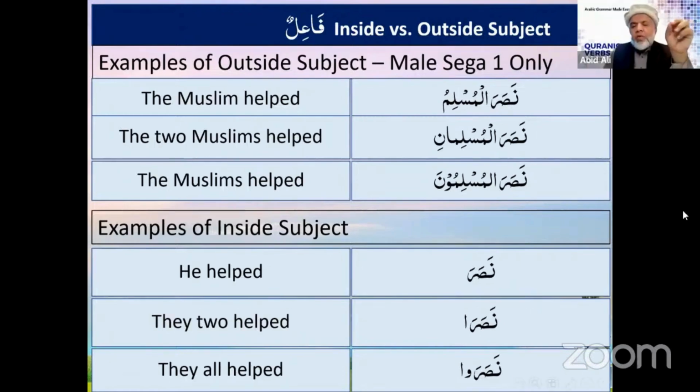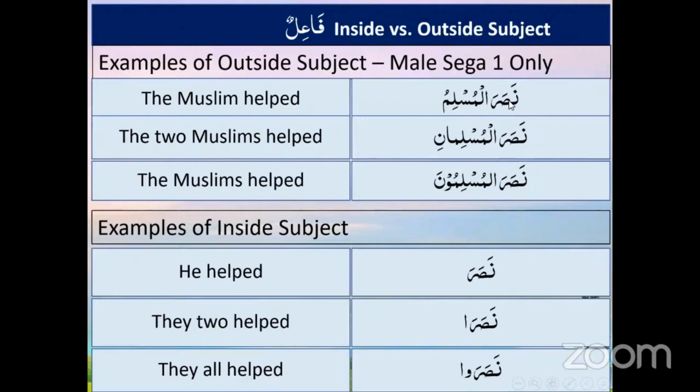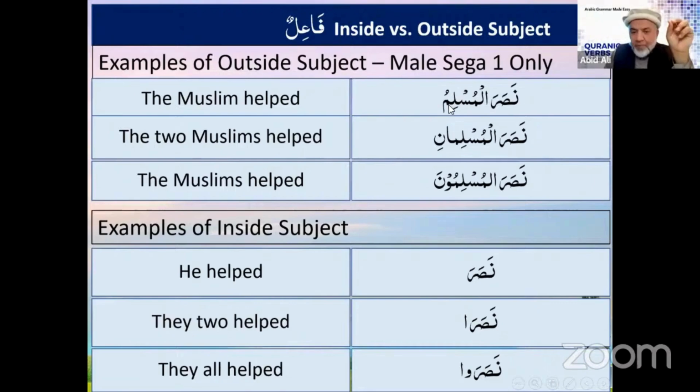Now, who can tell me what happened in the outside file? We have a specific noun there, a proper noun. When we had the proper noun, the fail did not change. Nasara al-Muslimu. You see, it is said Nasara, Nasara, Nasara.